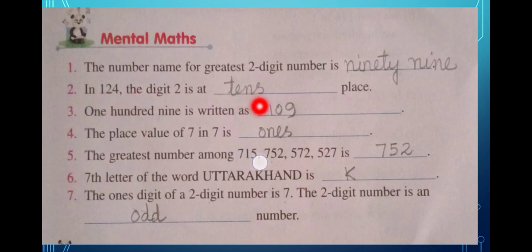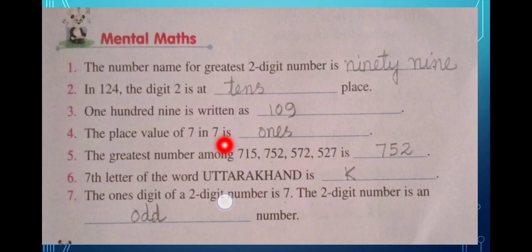So tens. Okay. Now number 3 is 109 is written as. So 109, they have already written in the question in number name. So you have to write the number in digits. So 109. Okay. Now the place value of 7 in 7 is only one digit number.